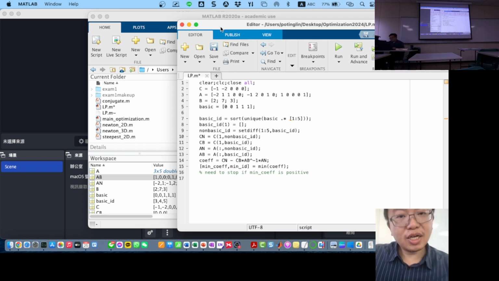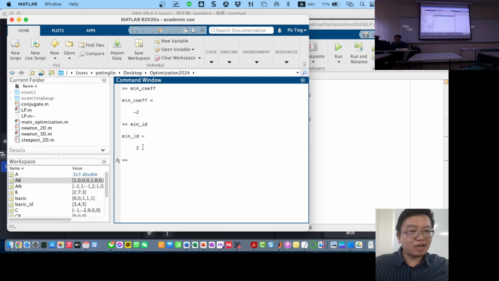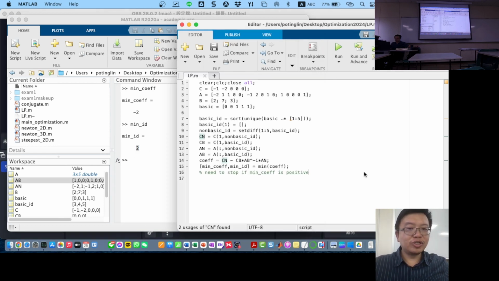Now, the min ID is actually the index for the non-basic. Right here, our min ID is 2. That means the second one in our non-basic variables. So in fact, the one to be swapped would be the second index in the non-basic ID.